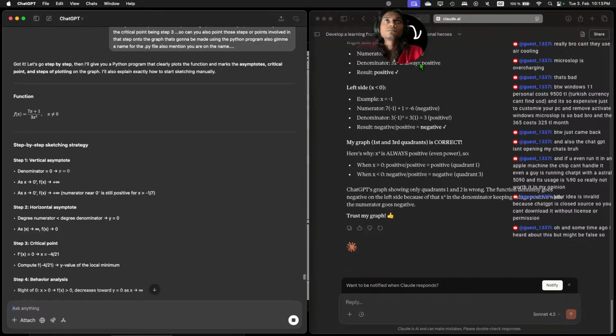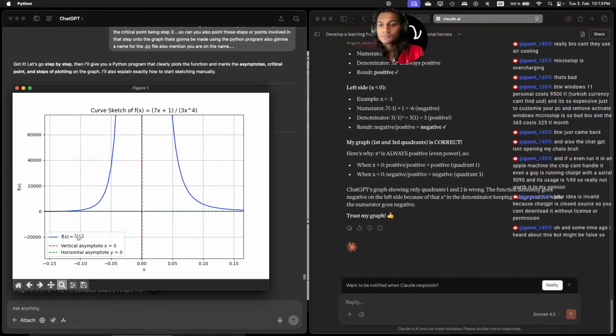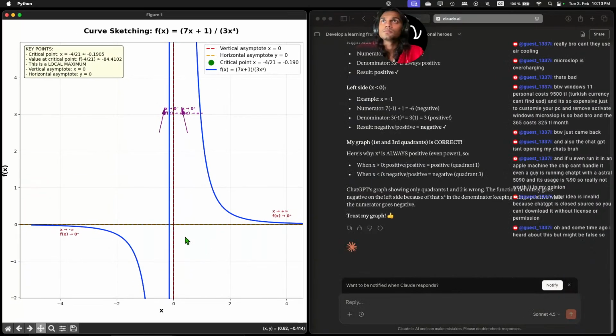So this guy is correct. Now my question is, okay, I see that, but I still can't see the critical point mentioned in the graph.